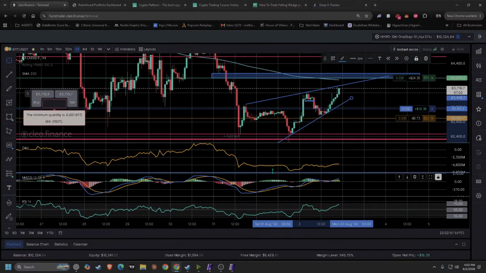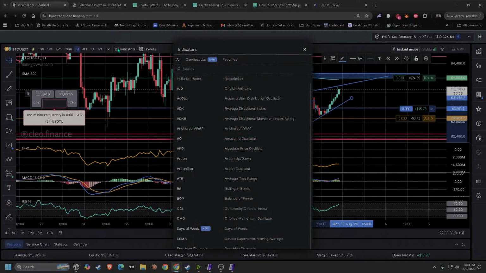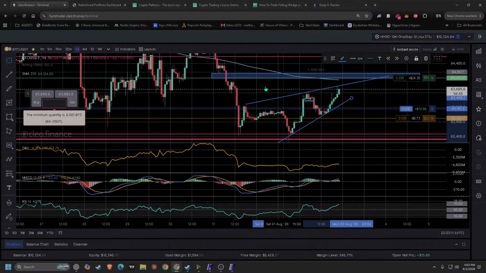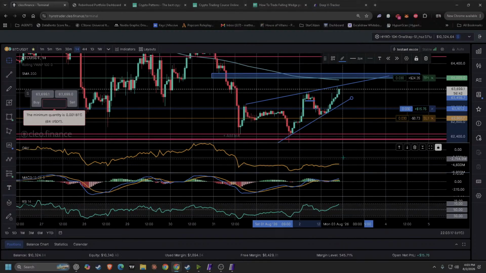On balance volume is starting to increase, but we don't have volume on this. What's really weird is I can't find a volume indicator on this. It only has on balance volume, so that's what I'm using to gauge if volume is increasing. Higher low, higher high, prices going up.